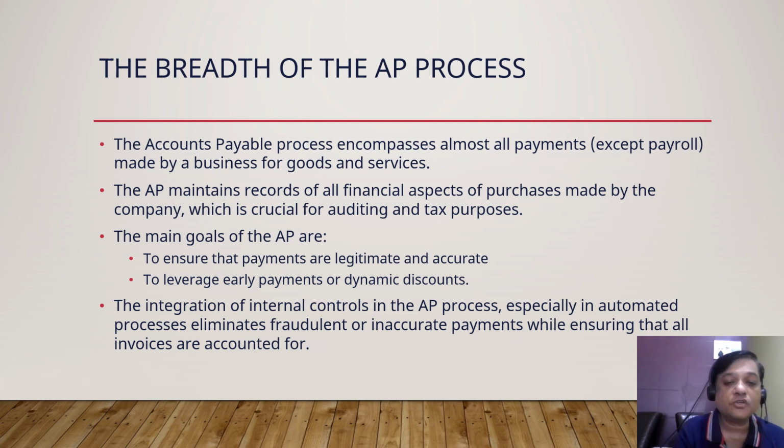The integration of internal controls in the AP process, especially in automated processing, eliminates fraudulent or inaccurate payments. So here also, once we follow the AP process, fraudulent payments can be eliminated.